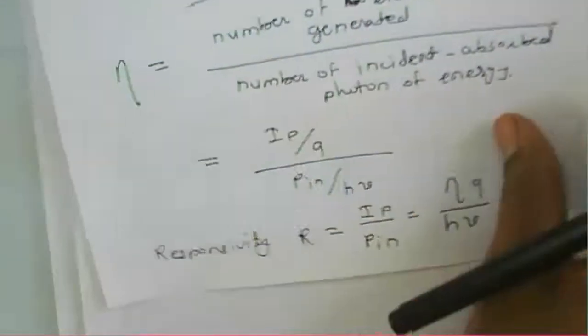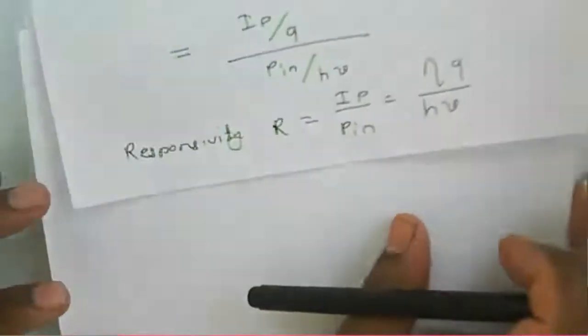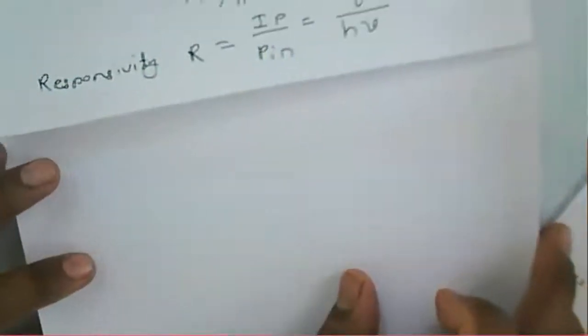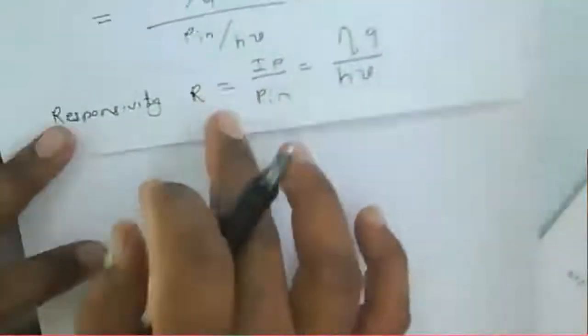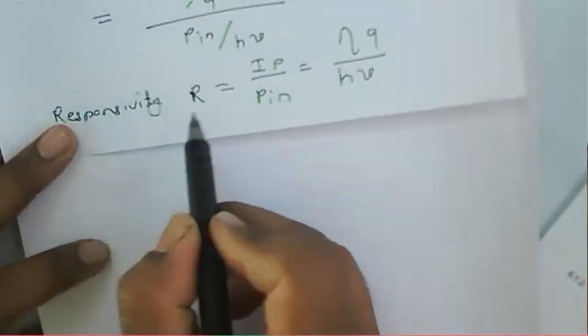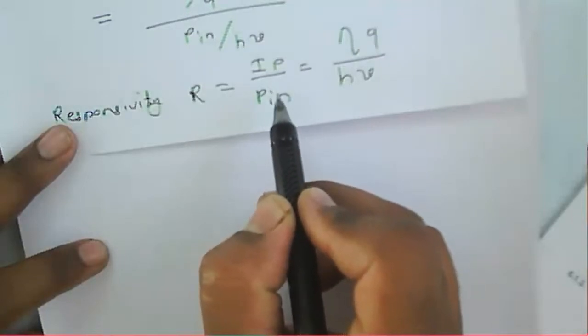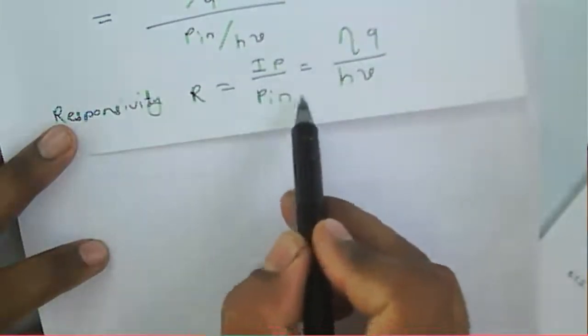Now, look at the responsivity for the given material, because the responsivity tells you what photocurrent will be generated for a given input power. So it is a function of the current, I_P, and the input power.